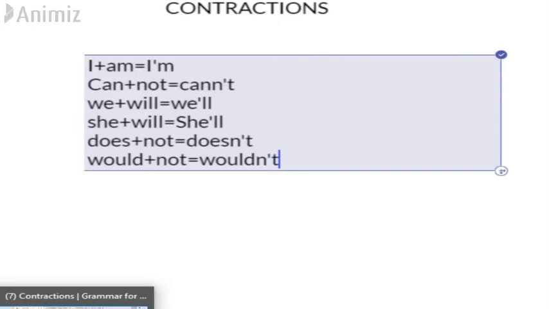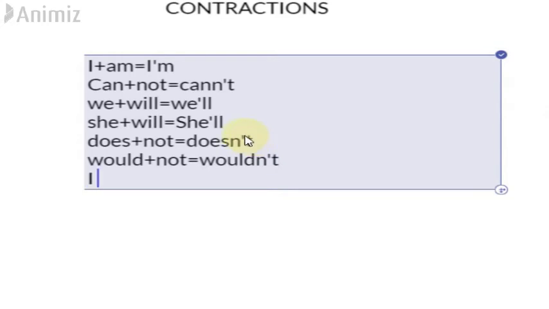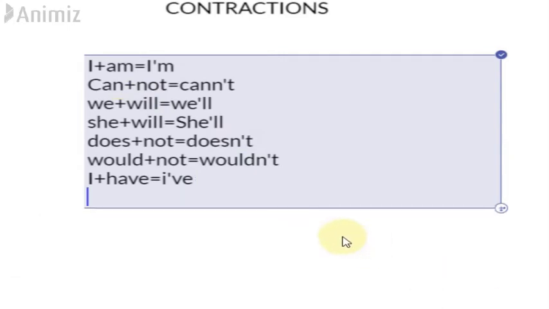Now, for example, I plus have is equal to I've. Okay, I plus would will become I'd.